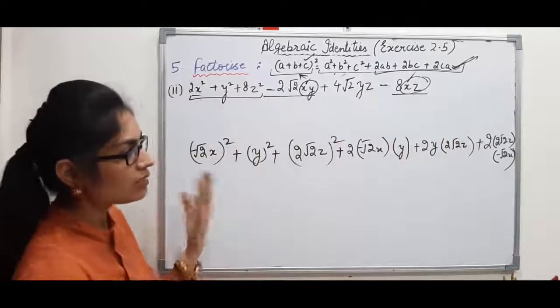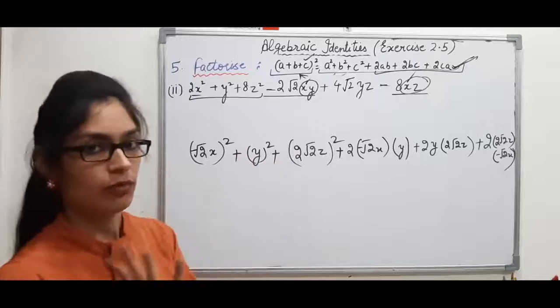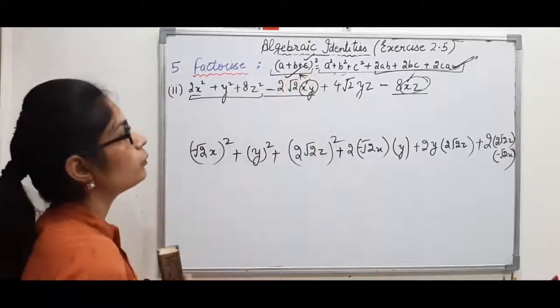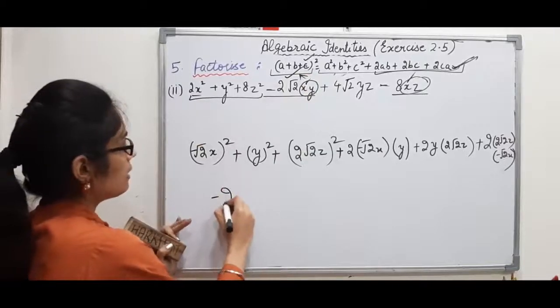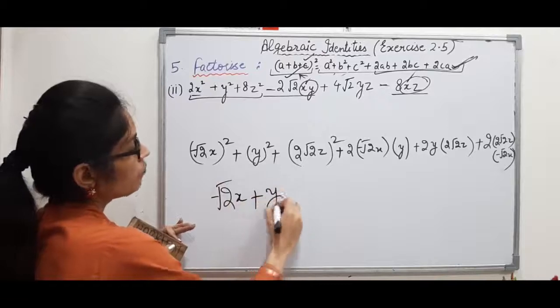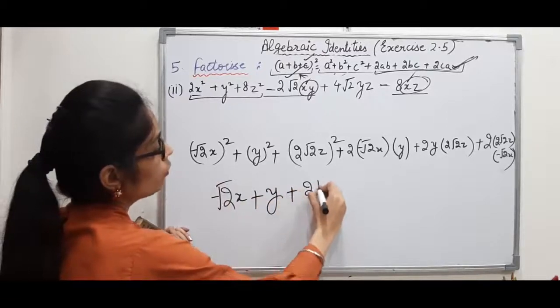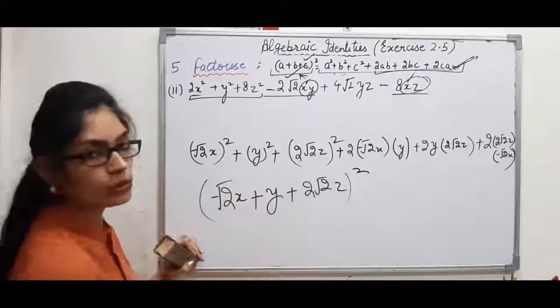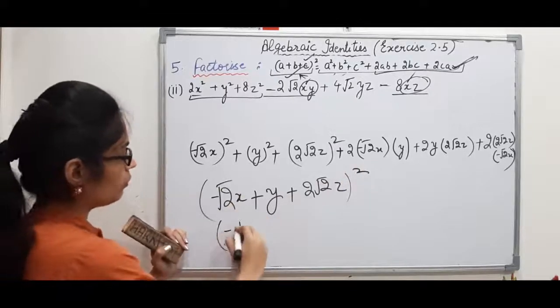So this you just have to write in this way, because we have already found the values of a, b and c, we can directly write it. So a is minus root 2x, b is y, and c is 2 root 2z whole square. Whole square means the same expression you have to write 2 times.